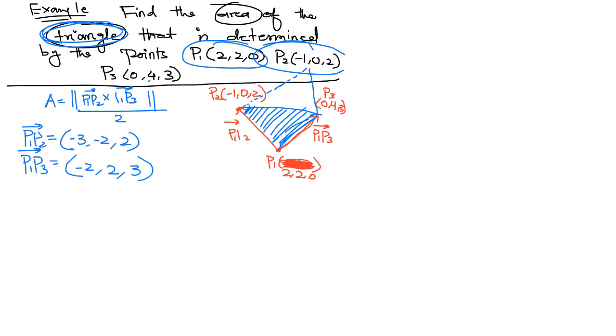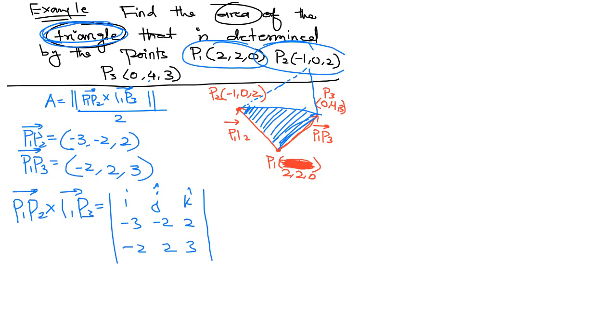Now we have to first find the cross product, P1, P2 cross P1, P3. I, J, and K, then -3, -2, 2, and -2, 2, and 3. Okay, so I will write the direct answer, because you can easily find the cross product of this one.